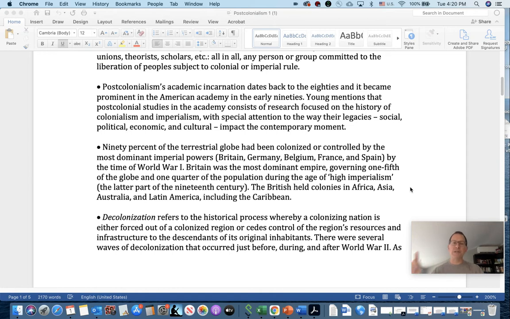And now Britain was the most dominant empire, governing 1/5 of the globe, as you see in Robert J.C. Young's chapter that you all read, and 1/4 of the population during the age of high imperialism, the latter part of the 19th century, when Queen Victoria's long reign came to an end. The British held colonies in Africa, Asia, Australia, and Latin America, including the Caribbean.